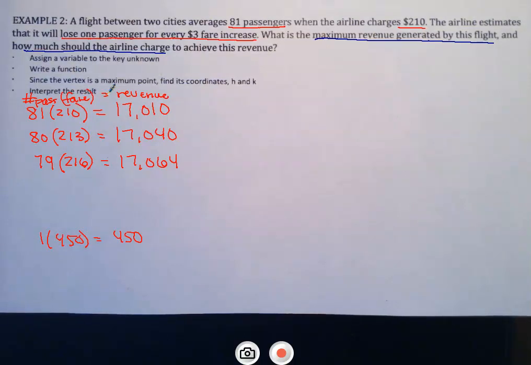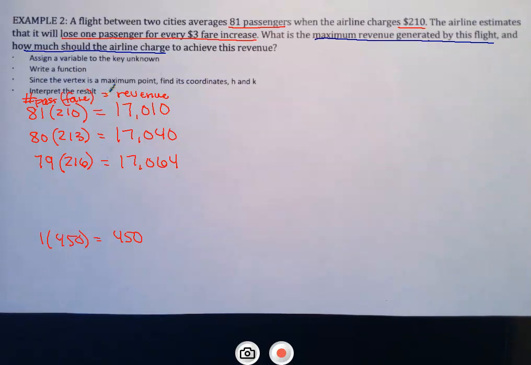It would just be different, yeah. Because it's still the multiplication. The fare depends on the number of passengers, but the number of passengers also depends on the fare. True. So you could solve either one. Yeah, you could. The book says the key unknown.